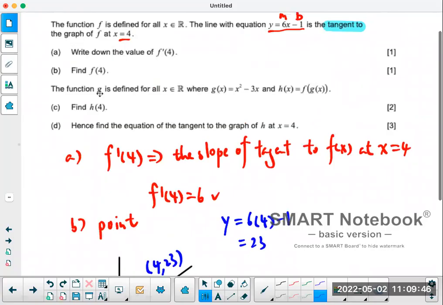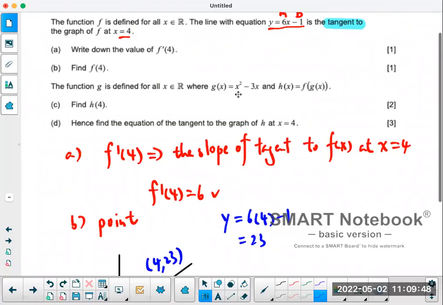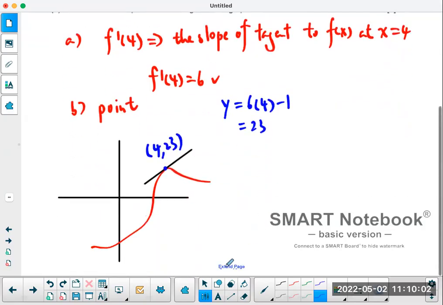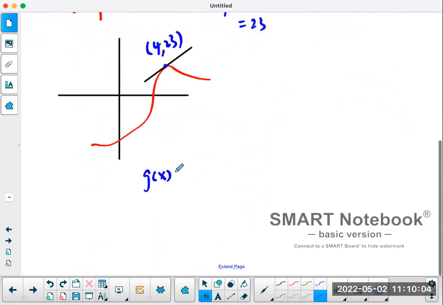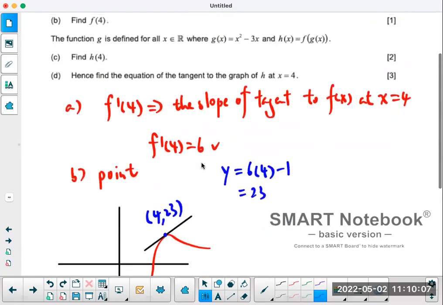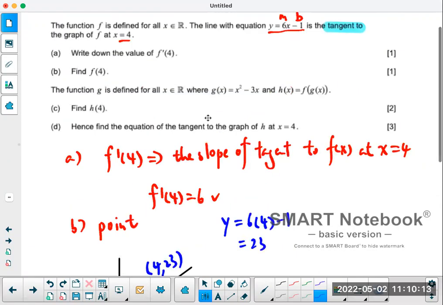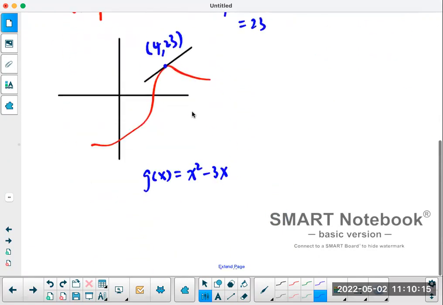The function g is x squared minus 3x, and function h is f at g at x. Well, let's take a look. Let me write down the question here. g at x is x squared minus 3x. Right? And I want to find h at 4.